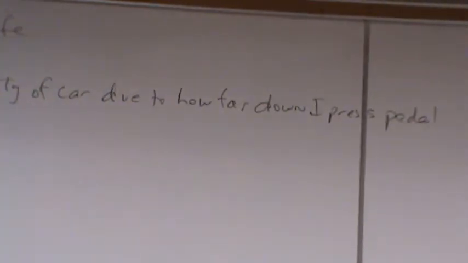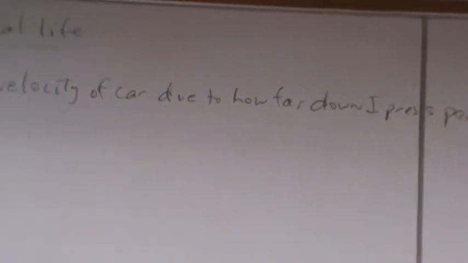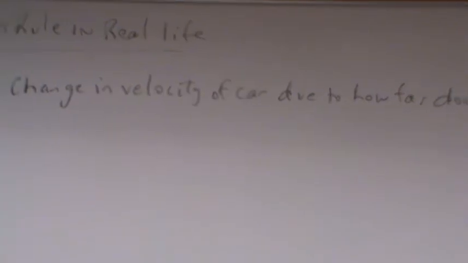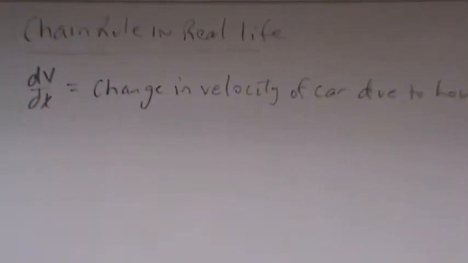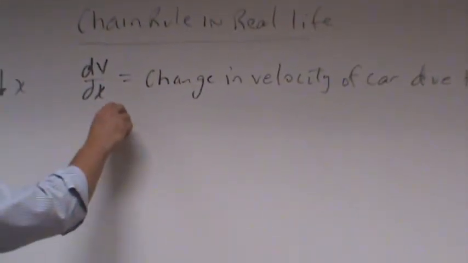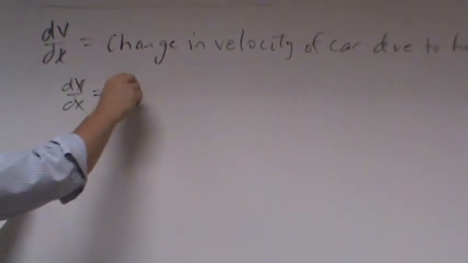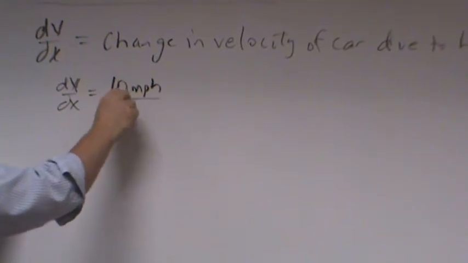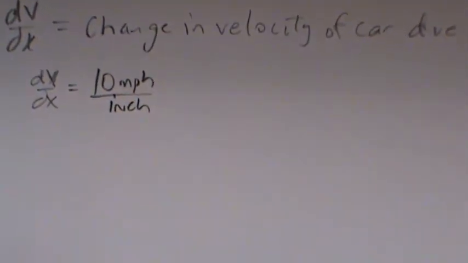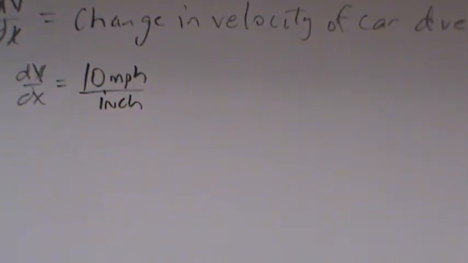You guys okay with that? So now I'm going to make up a number. Let's pretend that dv dx ends up being 10 miles per hour per inch. Each inch I depress the accelerator, my car goes 10 miles an hour faster.